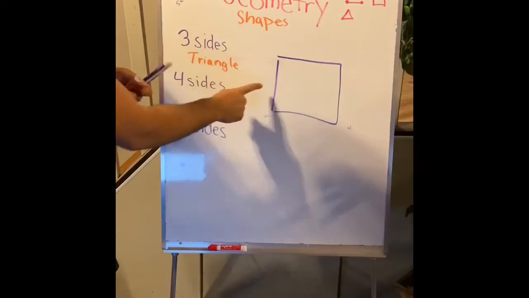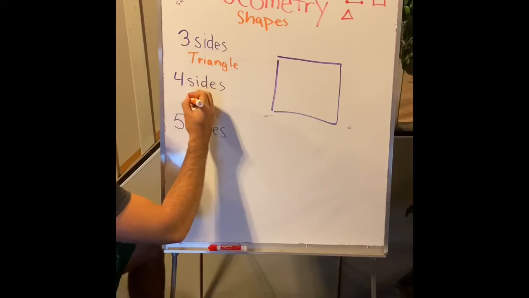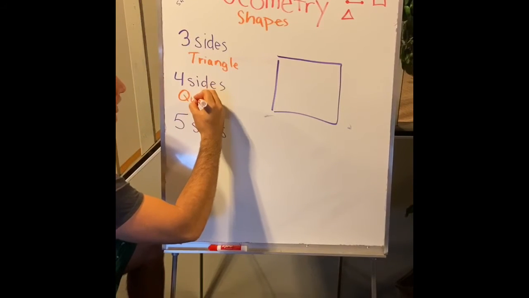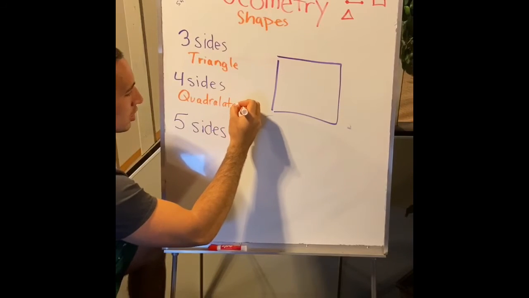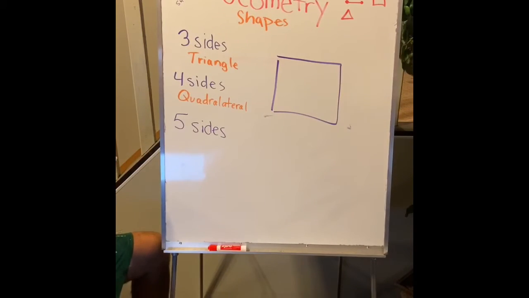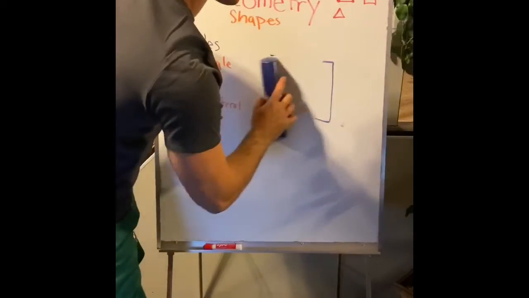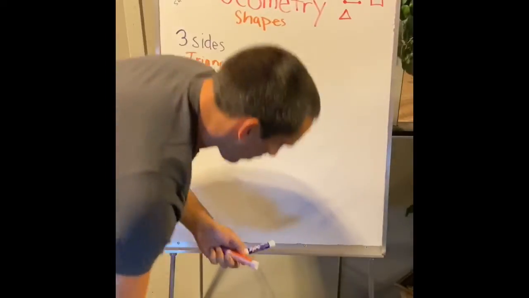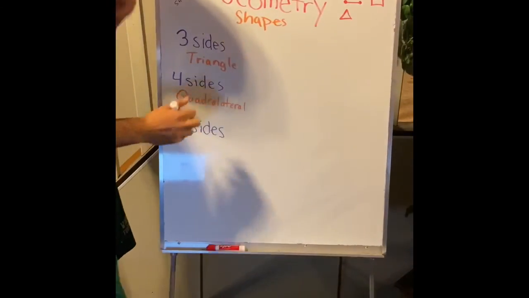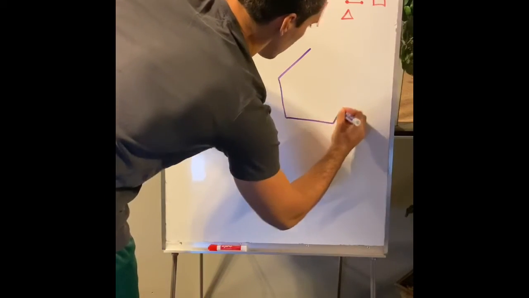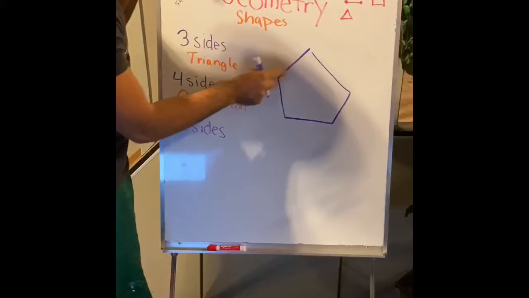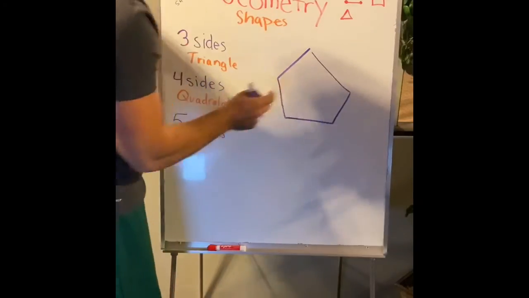The name for a four-sided shape is a quadrilateral. And our next one is our five-sided shape. 1, 2, 3, 4, 5.